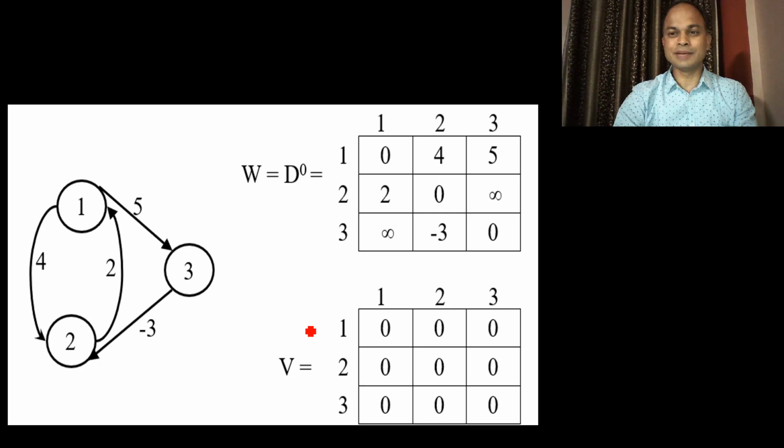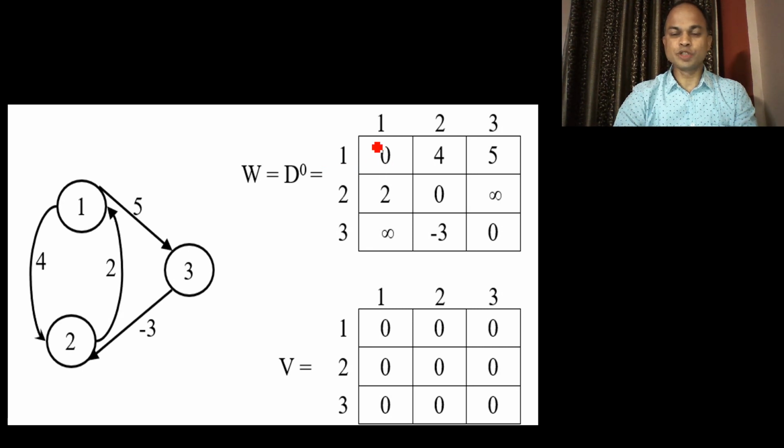If we talk about the example, then in this example we have a graph. A total of 3 nodes are given, node 1, node 2, node 3, and we have drawn a 3 by 3 matrix, because we have a total of 3 nodes. Initially we are computing D0, I mean the direct distance without involving any intermediate node.